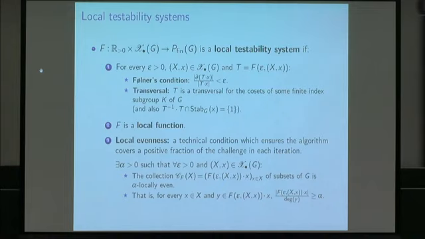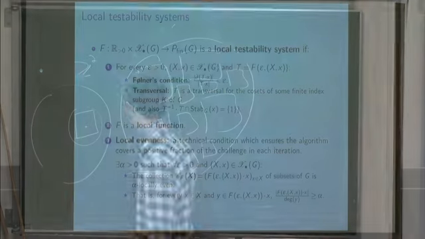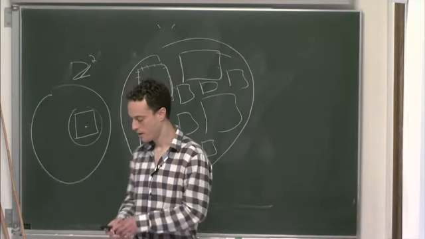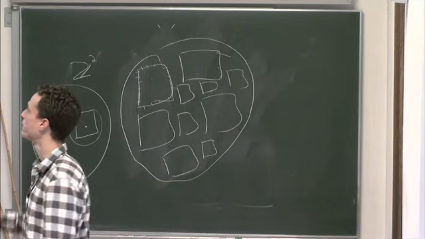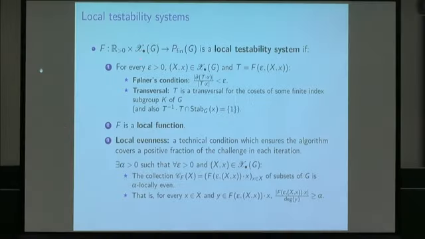To get the tile that I'm going to be using in this ball, I ask the local testability system: this is my epsilon, and I have a ball which lives in this Schreier graph. Give me a tile. Giving a tile is like giving a finite subset of the group.